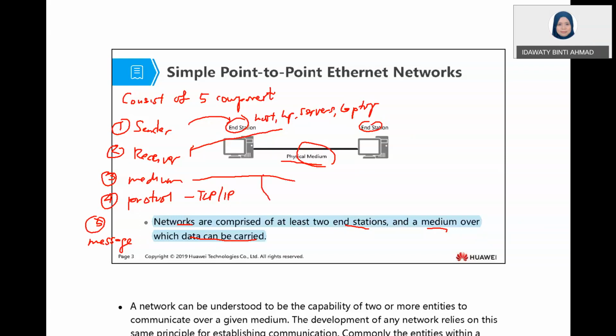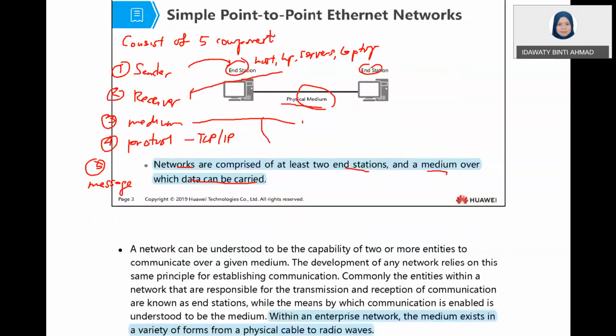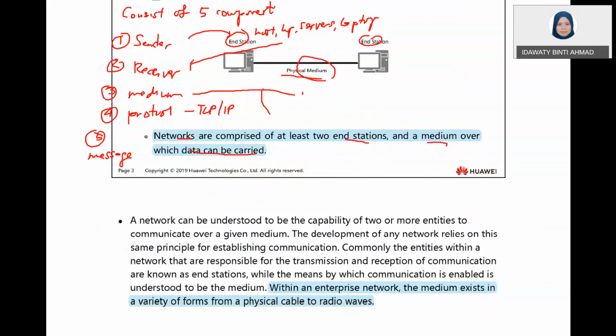As mentioned here, within the enterprise, the medium exists in a variety of forms, from physical cable to radio wave. So this medium can be guided medium, which I just recalled from the datacom course, which is wired.